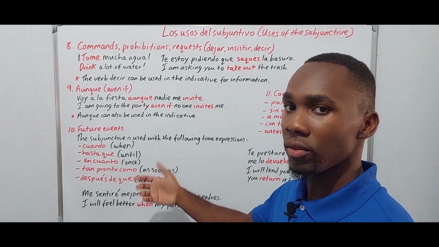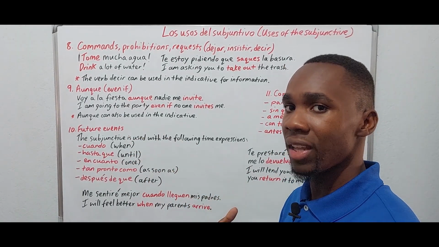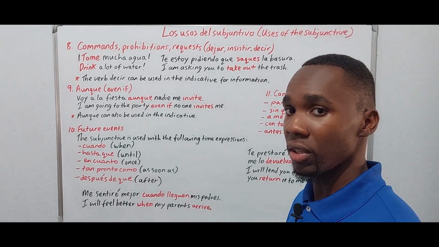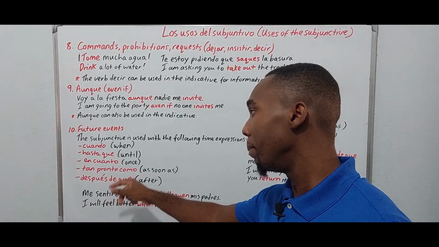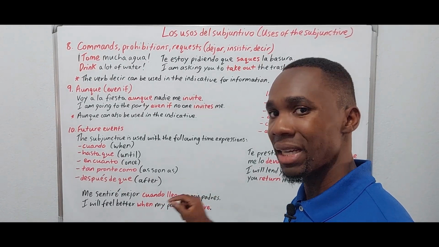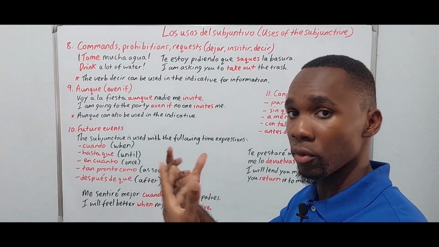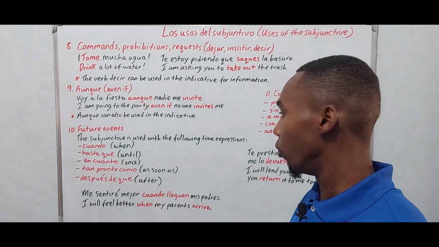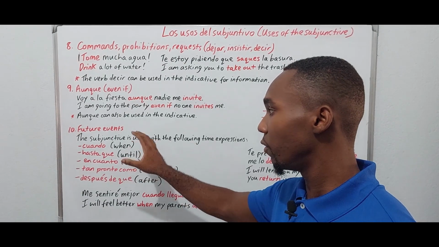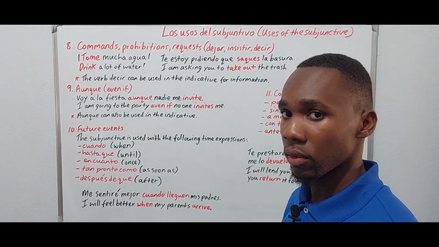We would use the subjunctive after these time expressions, but only if we're talking about future events. As you see, me sentiré, I will feel better. Me sentiré mejor. That's talking about the future. So you only use the subjunctive with these expressions if you're talking about the future. Okay?